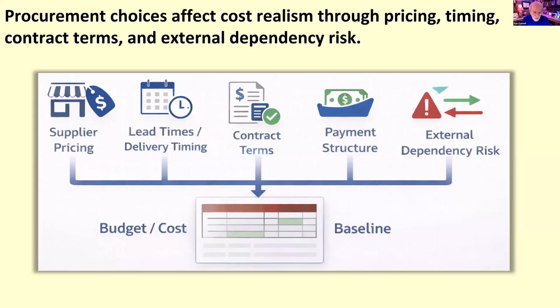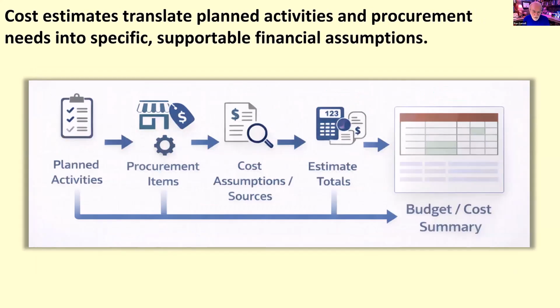So what we've been talking about is a useful bridge to the next part, because procurement decisions are better understood when the team is in a stronger position to develop meaningful activity and procurement cost estimates. Cost activities translate planned activities and procurement needs into specific supportable financial assumptions. After examining how procurement decisions shape the budget, the next step is to estimate the actual cost associated with the project work.